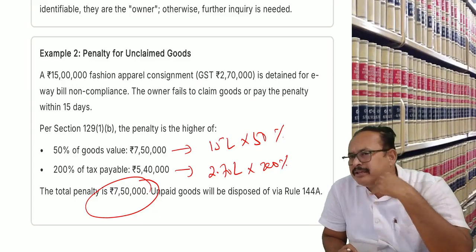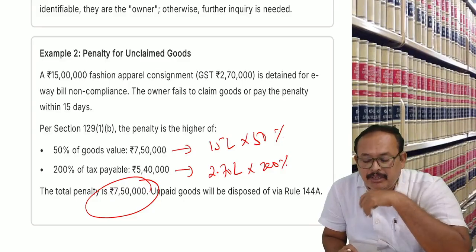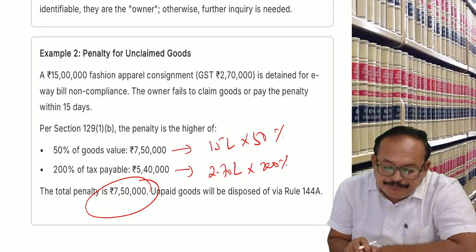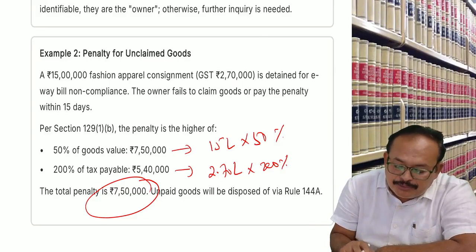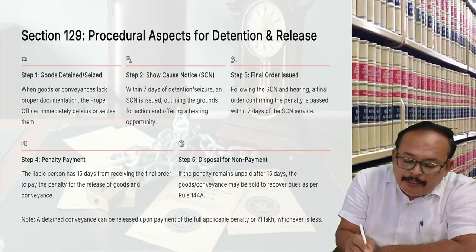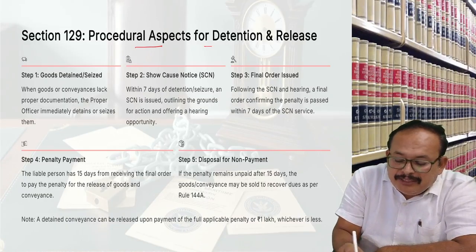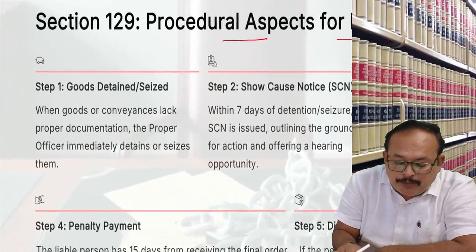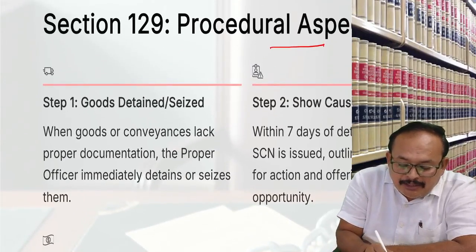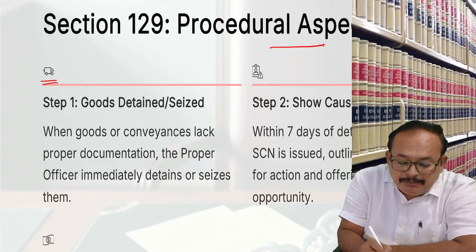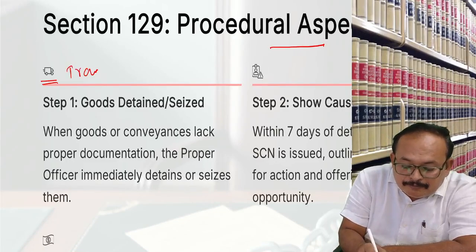Is there any procedure? Yes, we have a procedure. Procedure aspects for detention and release. Look here, step 1. Goods in transit symbol.